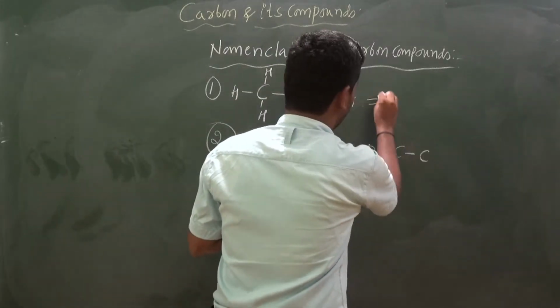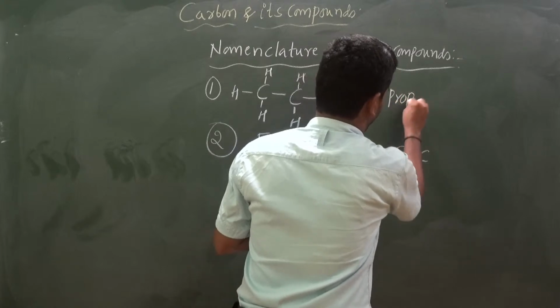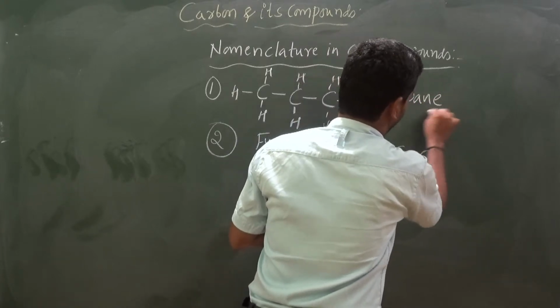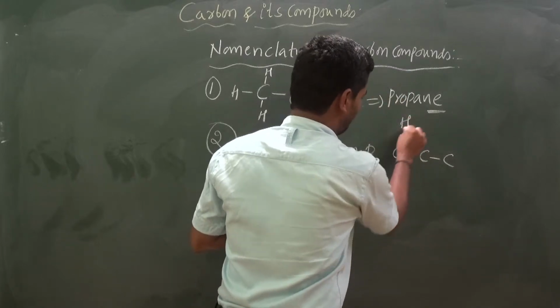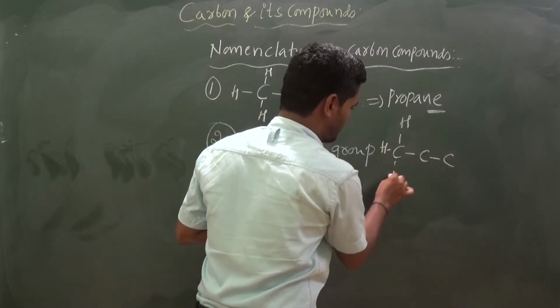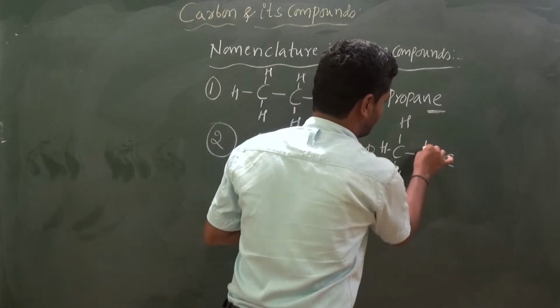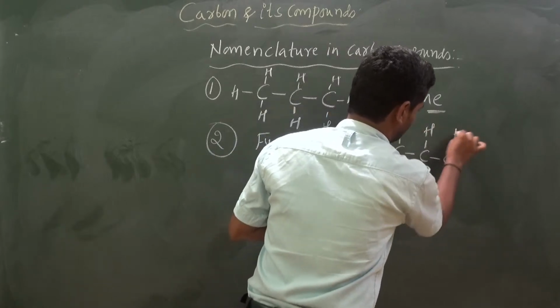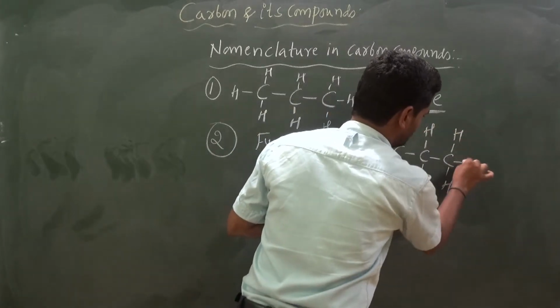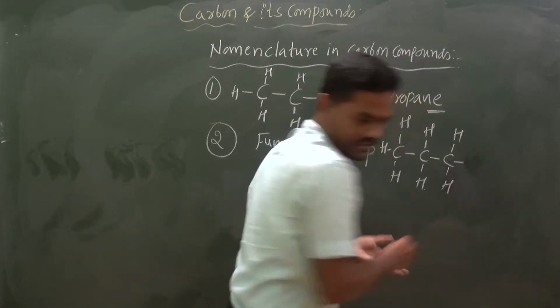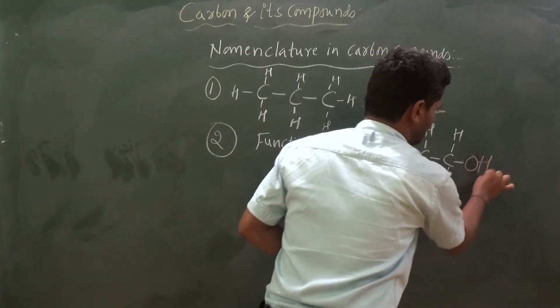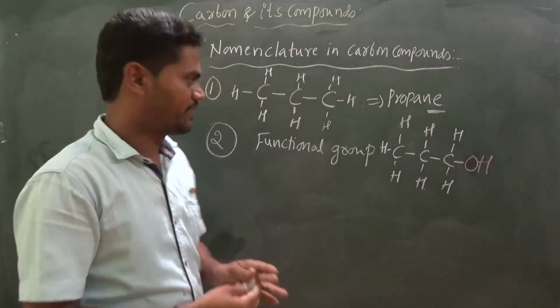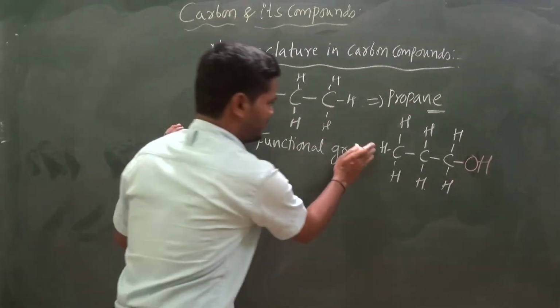This one is the propane, already you know this one. The next one, see whether they have given any functional group or not. Suppose they give it like this. This one is the second point.